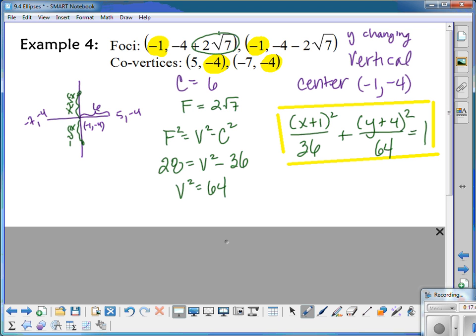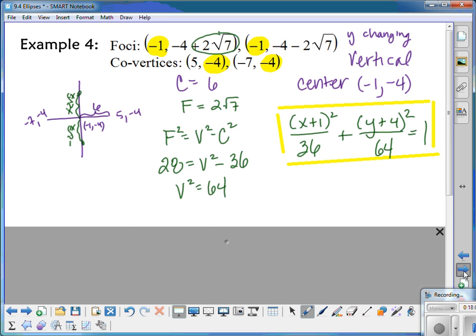So as long as I give you 2 of the 3, you can figure out what the equation is by finding the distances to the various parts of the ellipse. Are there any questions on this one?